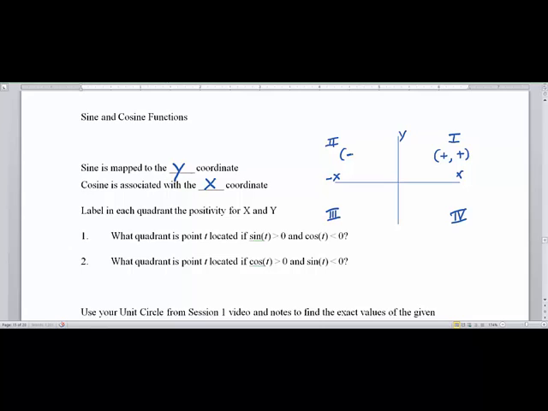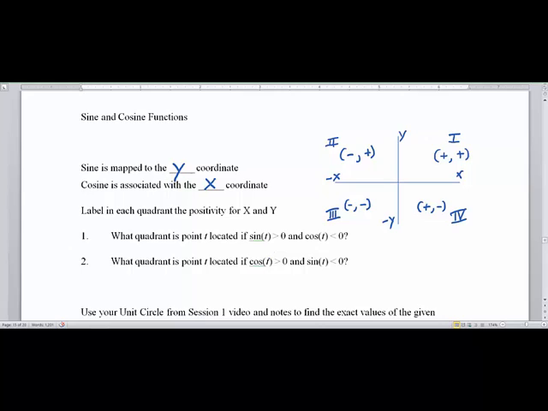So our cosine is negative, and our sine is positive. Now in the third quadrant, we have negative x and negative y values, so not only is our cosine negative, but so is our sine. Now in the fourth quadrant, where we have positive x and negative y, this is where we'd have our positive cosine values and negative sine values.